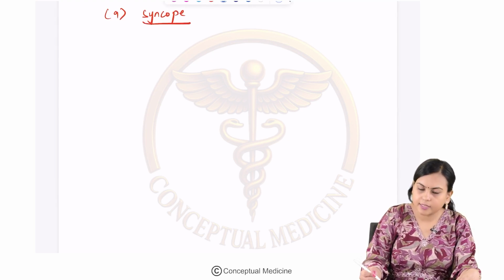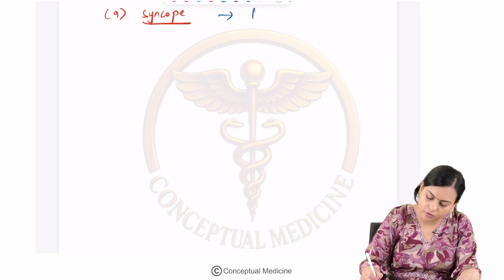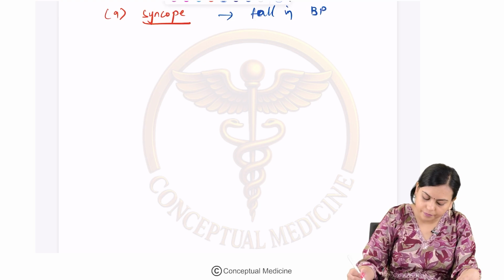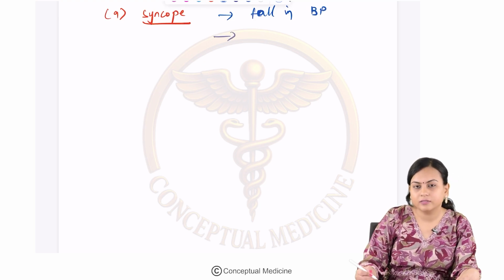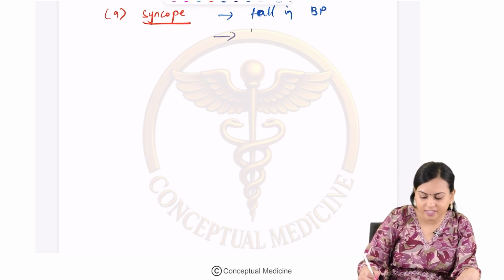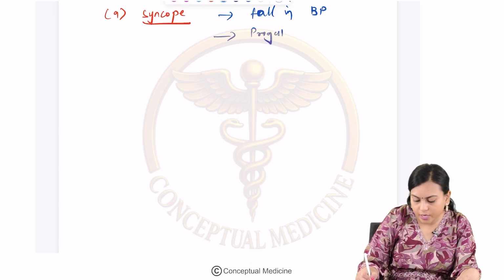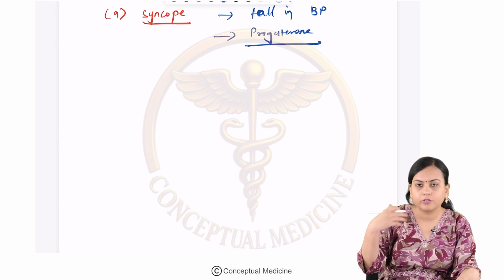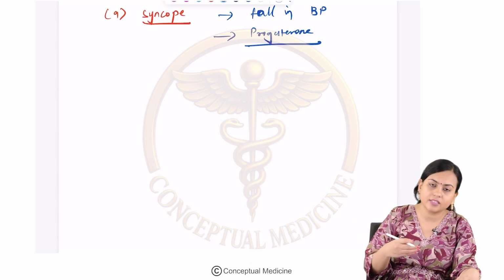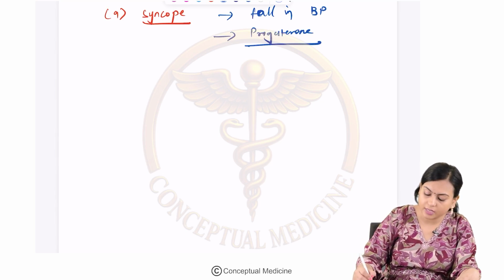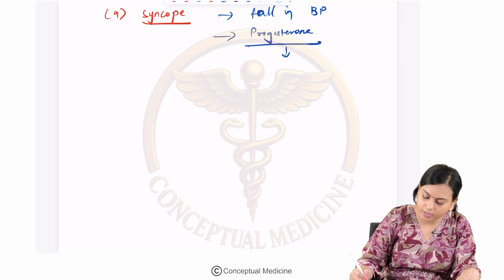Okay. So, basically syncope or dizziness is due to a fall in BP. Again, why? Yes, it is due to progesterone hormone. So, what is progesterone hormone going to do? Again, it is going to dilate the blood vessels. So, there is a decrease in BP. Okay.